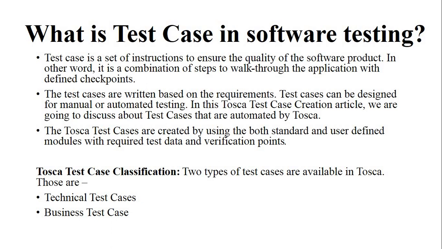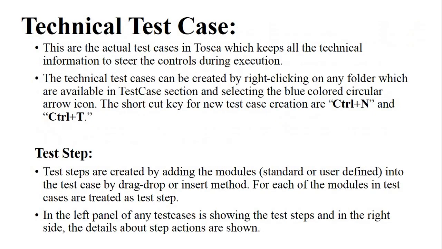Tosca test cases are mainly divided into two parts. The first one is the technical test case, and the second one is the business test case. We are actually going to use the technical test cases, and as a tester, as an automation engineer, your work is to automate these technical test cases.